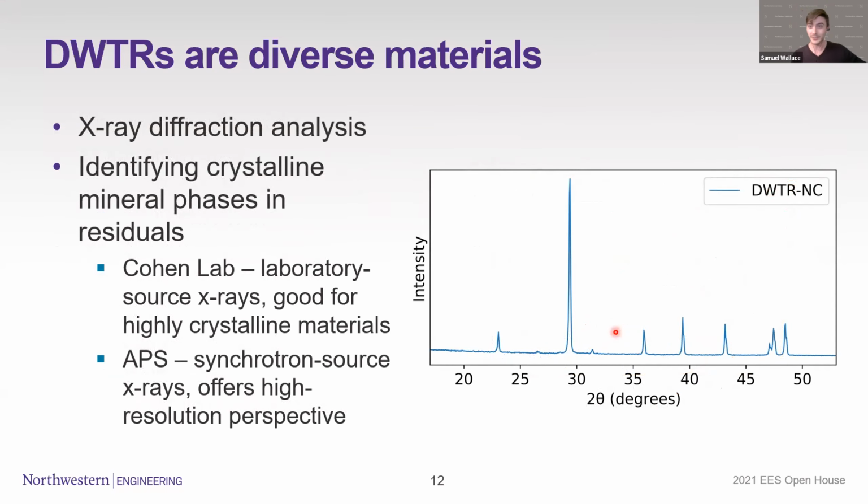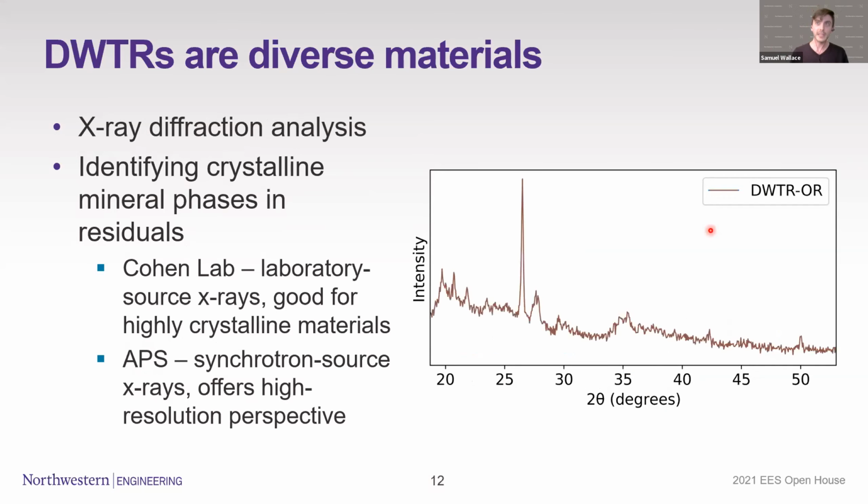We can also use X-ray diffraction to get an idea of the crystalline phases that are present in the sample. So these are some examples from the Cohen XRD lab, which is attached to Tech just through a skyway here. They have some lab source X-ray diffractometers, which works excellently for highly crystalline materials like this here.